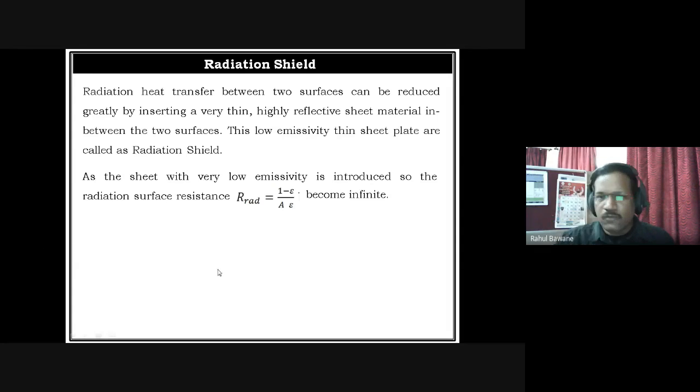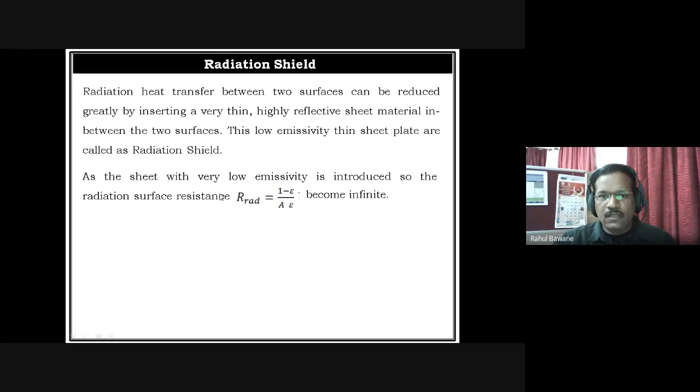We know the surface resistance formula is (1 minus emissivity) divided by (A times emissivity). If the emissivity is minimum, then the numerator, 1 minus emissivity, will be higher, and if the numerator is higher, the overall resistance will be higher. And we know that if there is a higher resistance, the rate of heat transfer will be minimized.